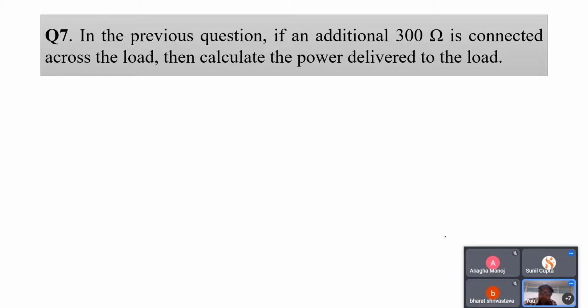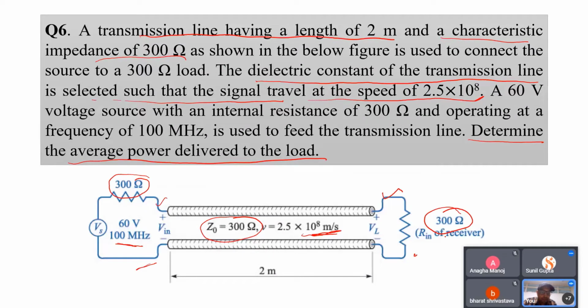So this question is related to the previous question. In the previous question you have seen that a single load of 300 ohm is connected to the transmission line. What happens when one more resistance of the same value, 300 ohm, is connected to this load?